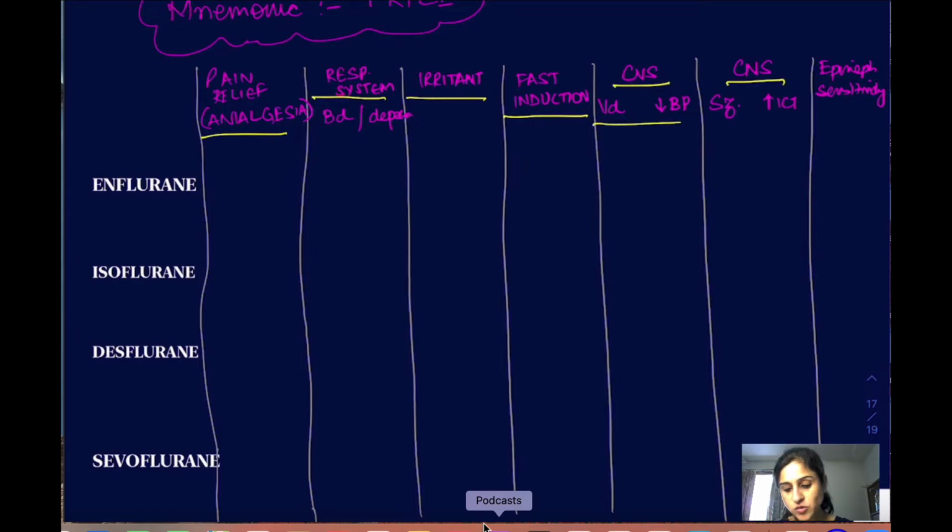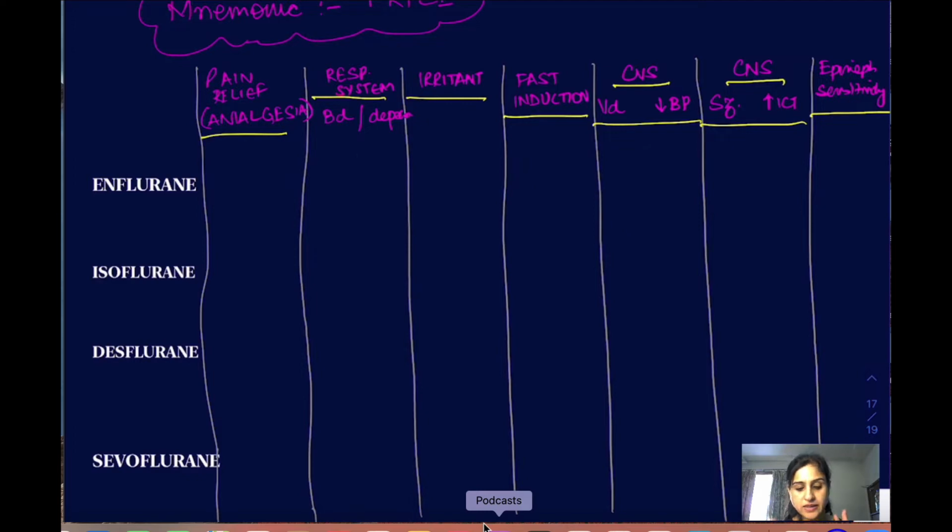On the CVS, we see to what extent they depress the cardiovascular system, whether they are vasodilators and cause a decrease in BP. For the central nervous system, we see whether they cause seizures or increase intracranial tension. And the last is E, epinephrine sensitivity, or sensitivity to catecholamines, whether they increase it or not.